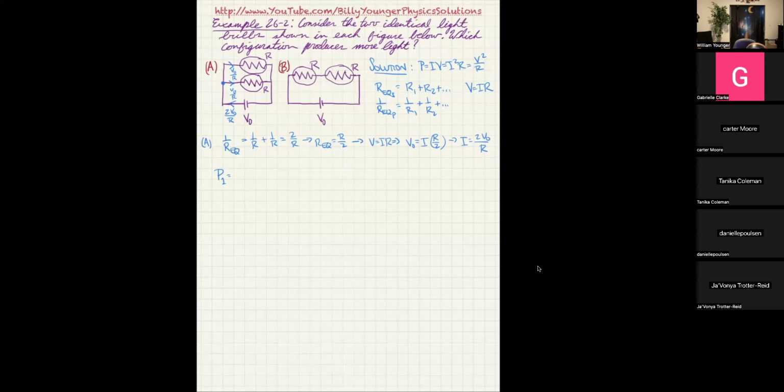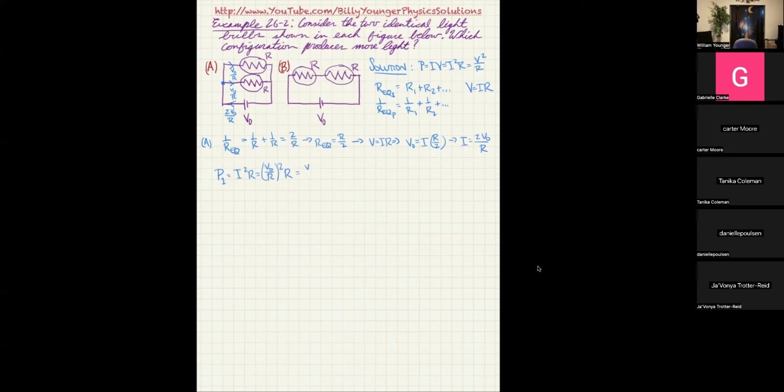I'm going to go with P equals I squared R. So P1 equals I squared R. That's going to become V0 over R, squared, times R, and that's just for one bulb.